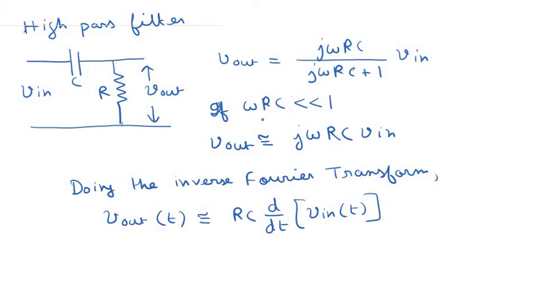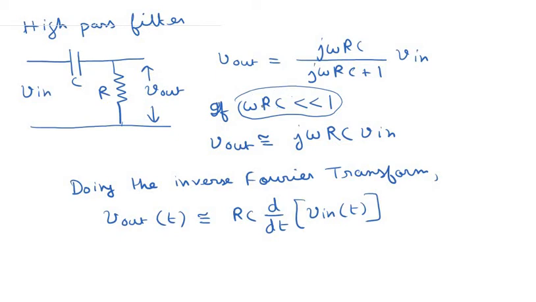Again, this is also a part of experiment number 2 in your basic electronics lab. Okay. So under the condition that omega RC is much less than 1, this high pass filter basically gives you an output signal which is proportional to the exact differentiation of the input signal.